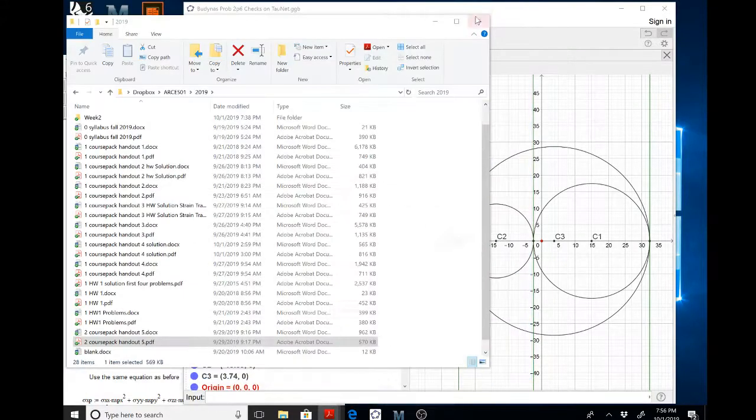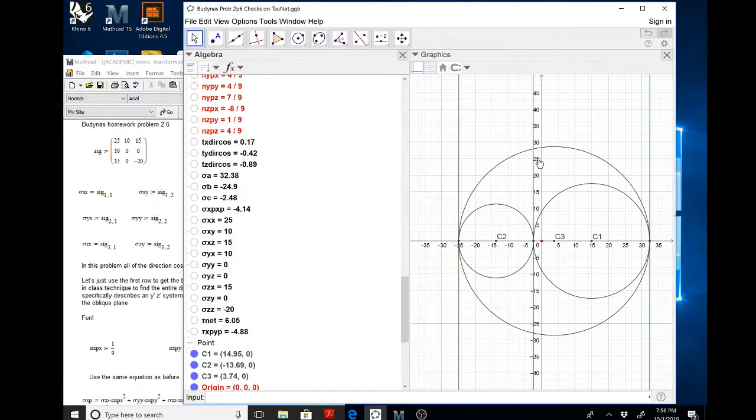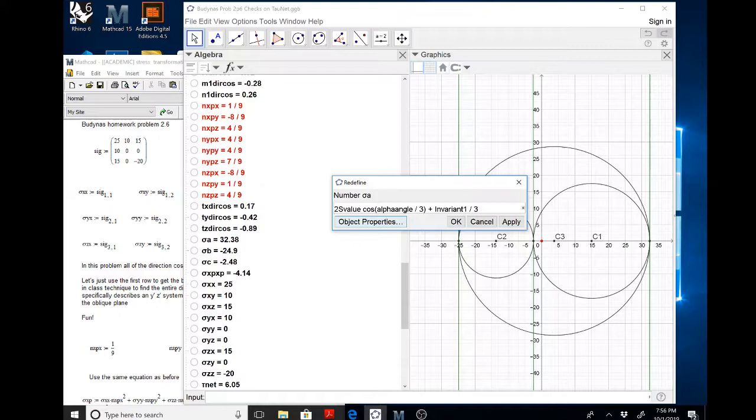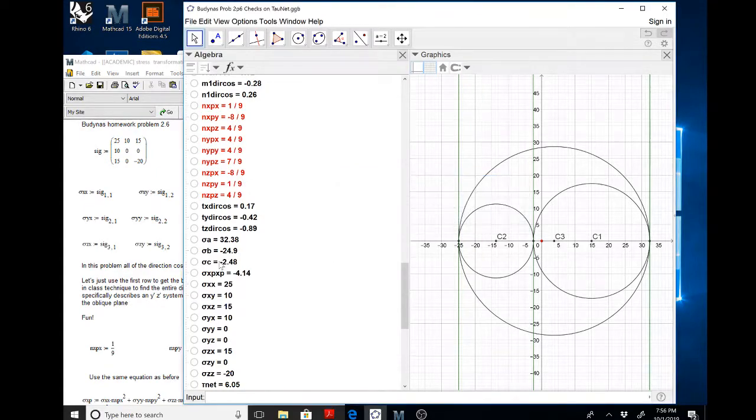So the moral of this story is that I did not use these functions. I used the answers, but I looked at these stresses first. So these stresses here are sigma A, sigma B, there's the 120, and there's the 240. I just visually looked at this.